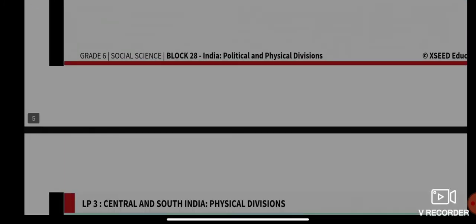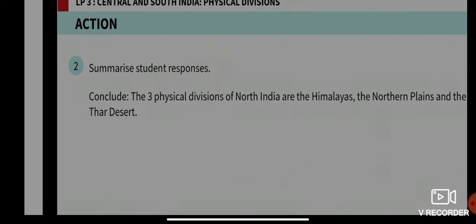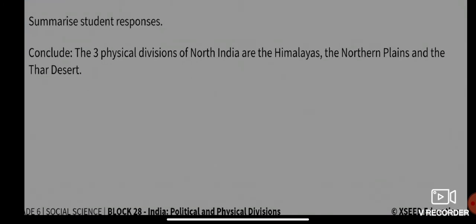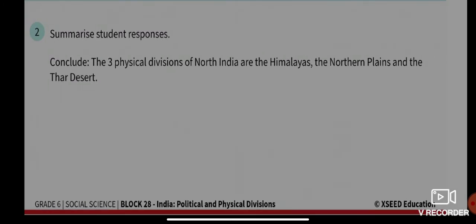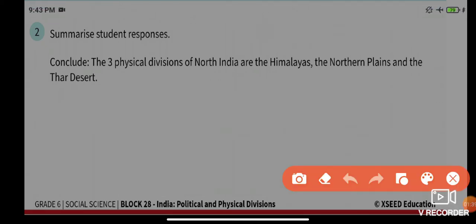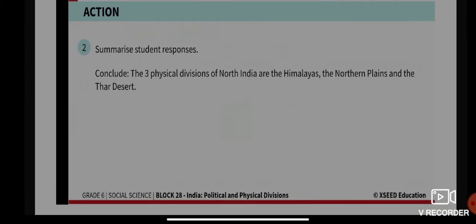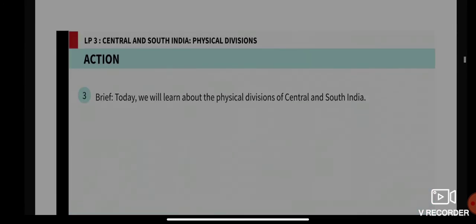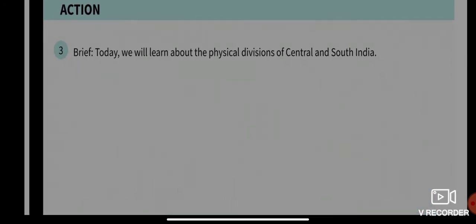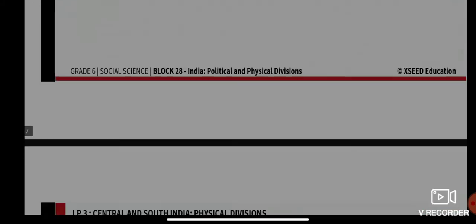The three physical divisions of North India are the Himalayas, the northern plains, and the Thar desert. Remember that. So today we will learn about the physical divisions of Central India and South India.